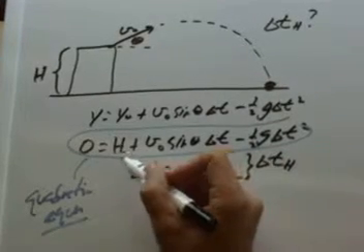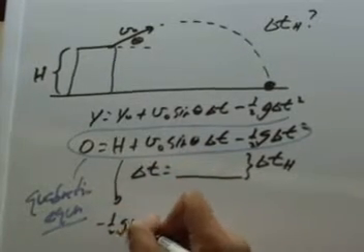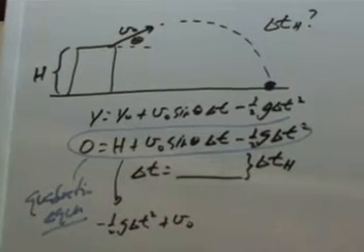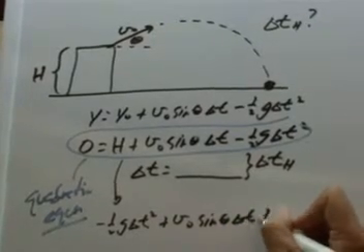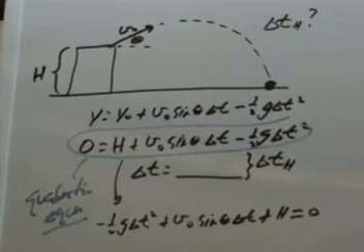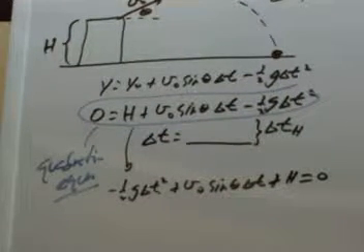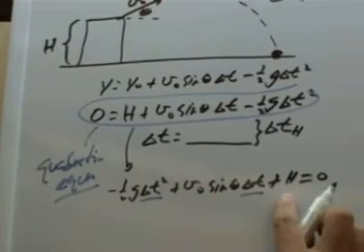So in particular, if I just rearrange the equation a bit here, I'll get minus 1/2 g delta t squared plus v naught times the sine of theta delta t plus h is equal to 0. Just a little bit of rearrangement of the terms there. And you can see that the variable is clearly delta t. There's a delta t there, there's a delta t there, and there's no delta t there.